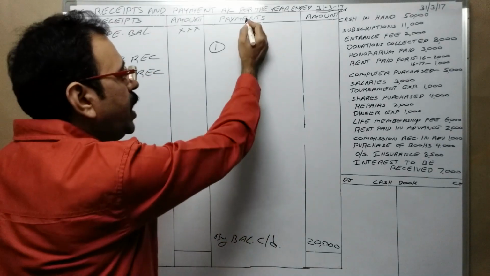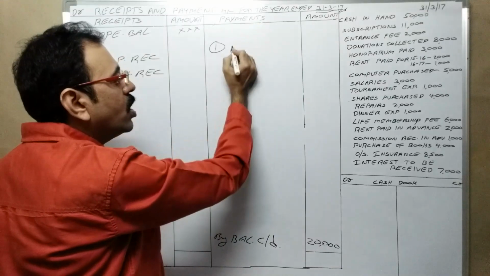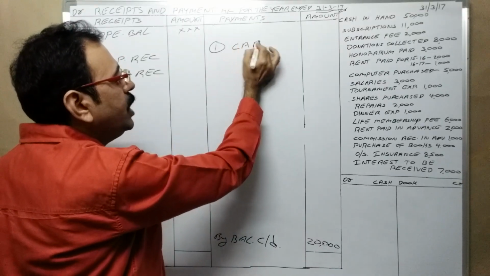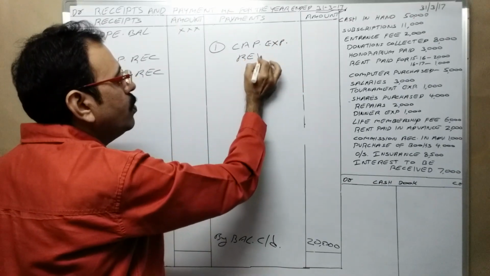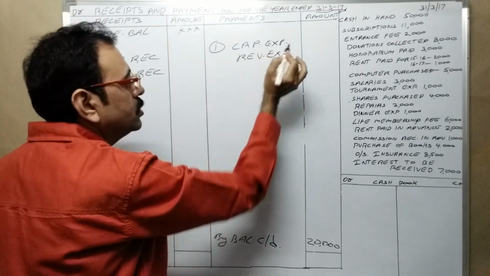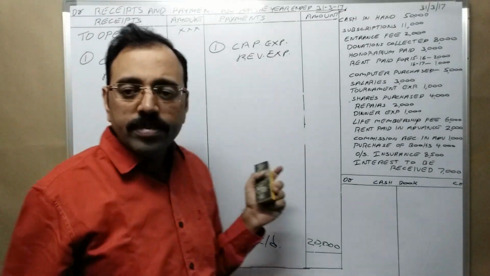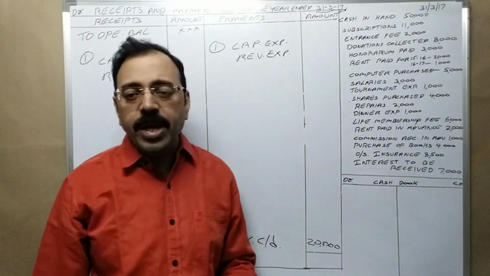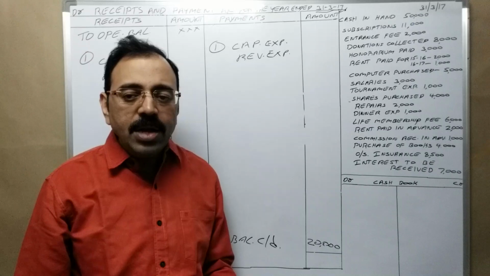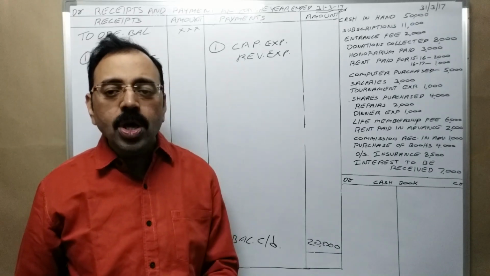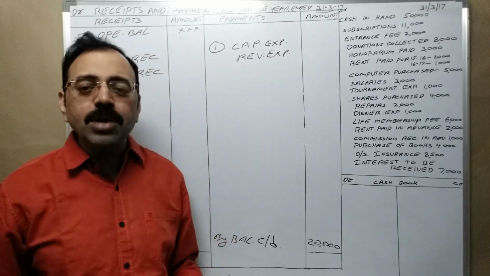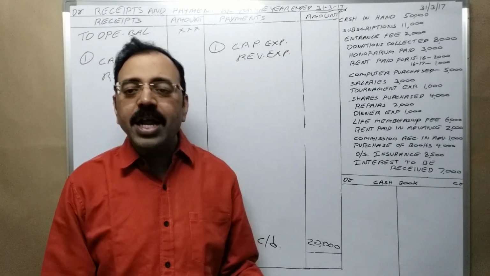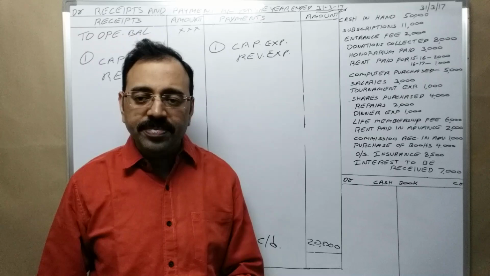Similarly, payments or expenses are of two types. Capital expenses, revenue expenses. Now in receipts and payments account, capital items and revenue items both we consider. So you need not to show a discrimination between capital item and revenue item here.